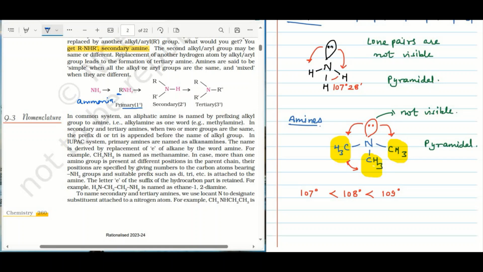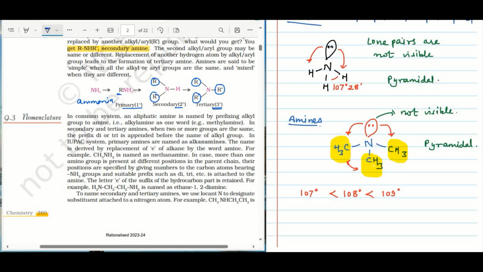Now if we replace two of the hydrogens with alkyl groups, these R groups may be the same or different. Then it is called a secondary amine. And when you replace all the hydrogens of ammonia with alkyl groups, again these R groups may be the same or different. Then it is called a tertiary amine.